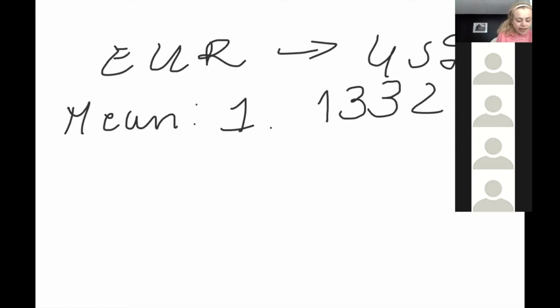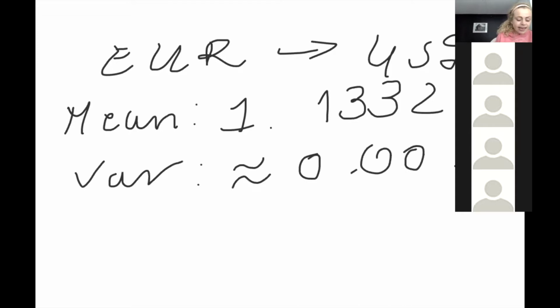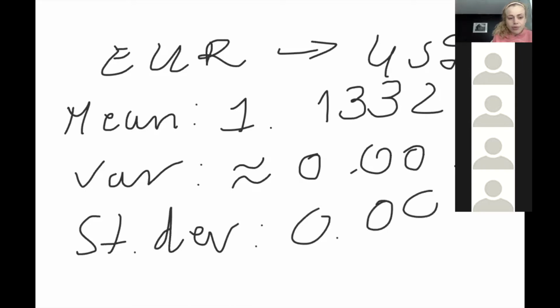Then the variance will be very, very small, approximately 0.00. And then the standard deviation will be the square root of the variance, so it will equal approximately 0.005.